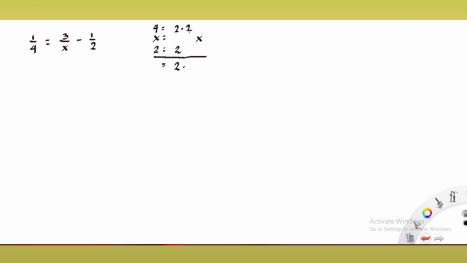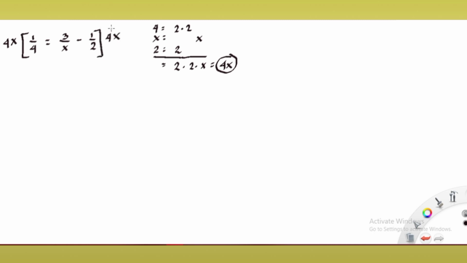Bring down. Times ito. Times ito. Bring down. So, 2 times 2 is 4 times x. 4x. Ang LCD ay 4x. Therefore, ito yung imumultiply natin sa buong equation para matanggal yung rational terms. So, we will multiply the whole equation by 4x.